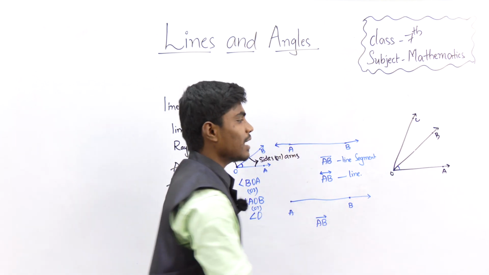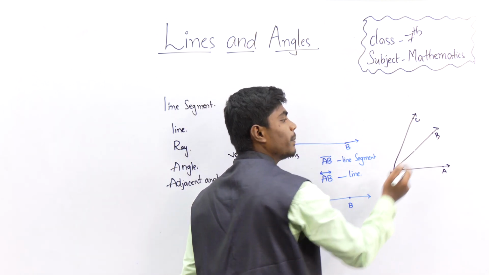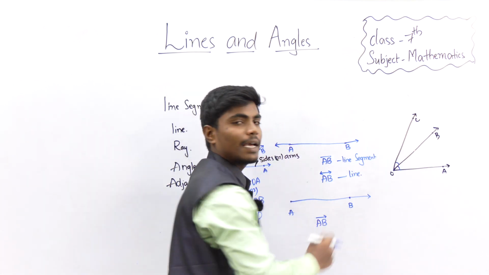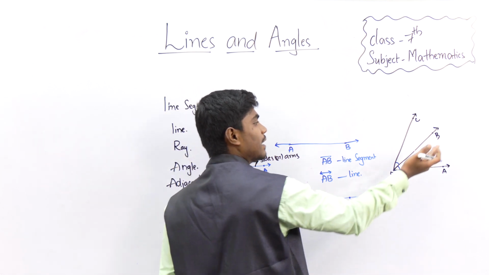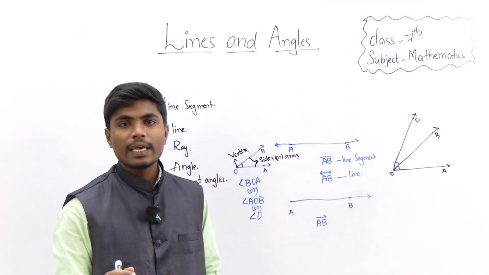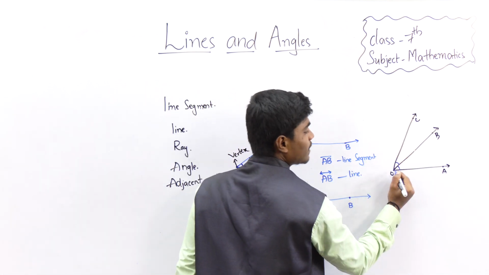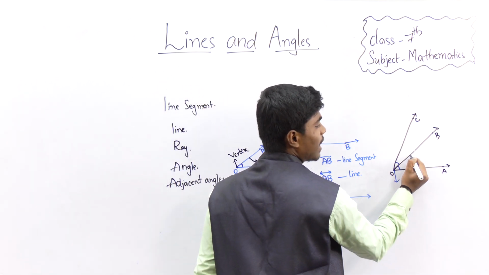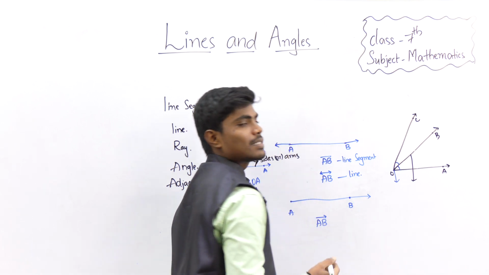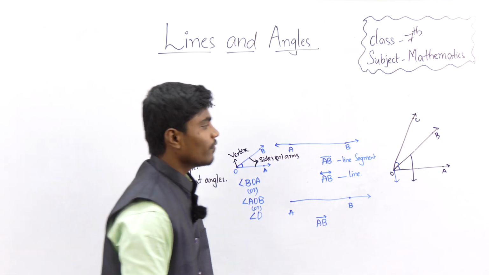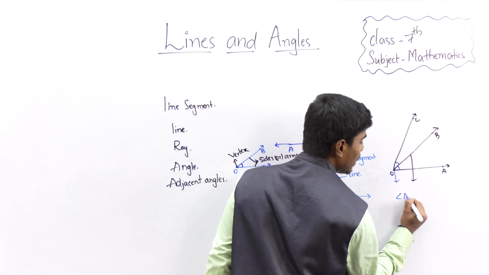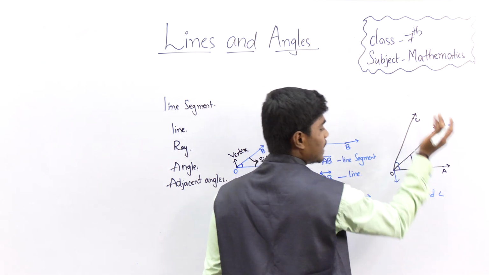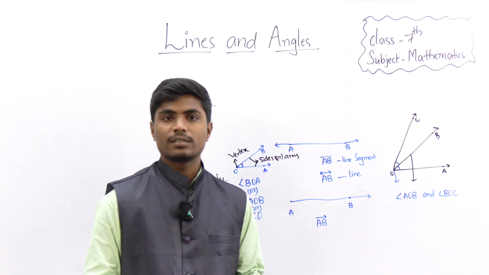If you observe, these three rays have one common vertex, and these two angles have one common side or arm. So we can consider angle AOB and angle BOC as adjacent to each other.